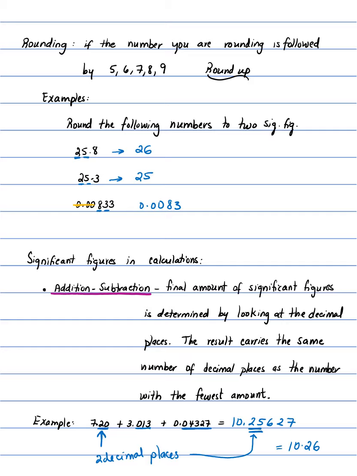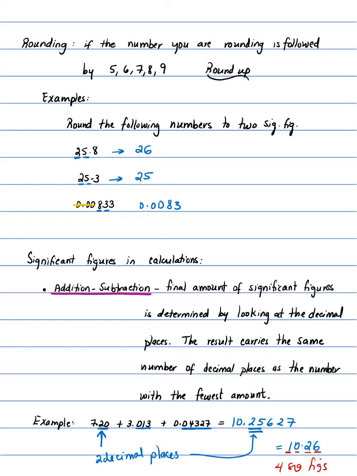Now, you see how I'm looking at the decimal places to determine how many decimal places I'm keeping in my final answer. Depending on how many decimal places you're keeping in your final answer, you're going to have a specific number of significant figures. So that number 10.26, 1, 2, 3, 4 significant figures.